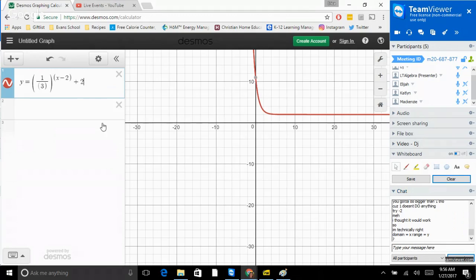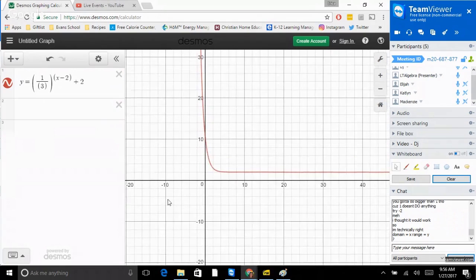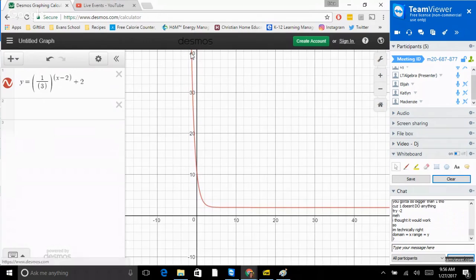Okay, so here is a decay function. This is number 21. Obviously you can graph it and look at it. It's decaying because it starts off really high and then it kind of flattens out, right? But if we want to state what the domain and the range is, let's do a quick review. The domain is what values of x this can be.